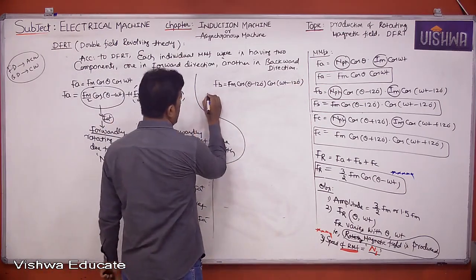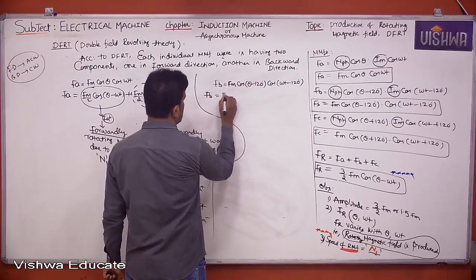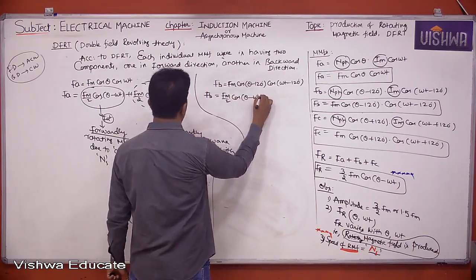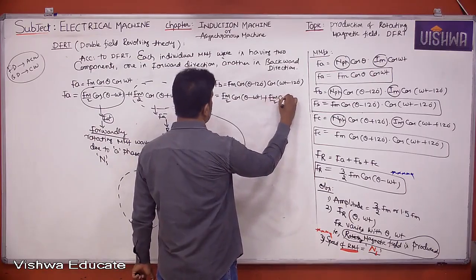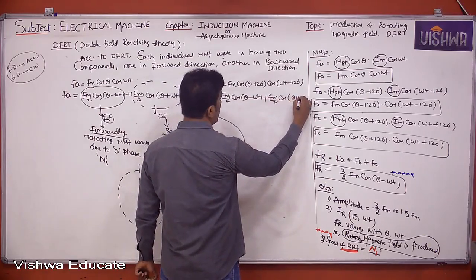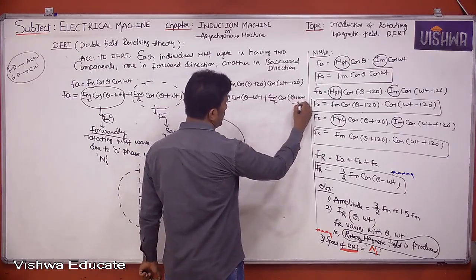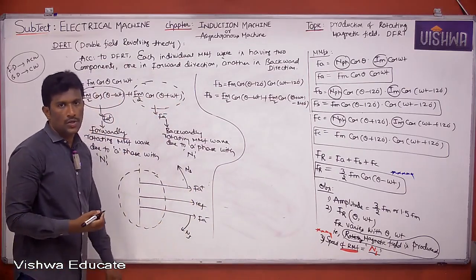So I can write this equation like this: Fm by 2 cos of (theta minus omega t) plus Fm by 2 cos of (theta plus omega t minus 240).